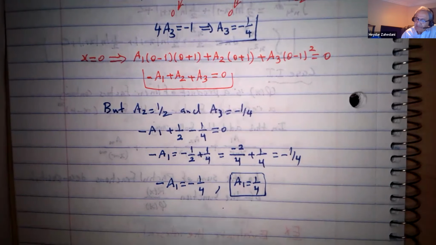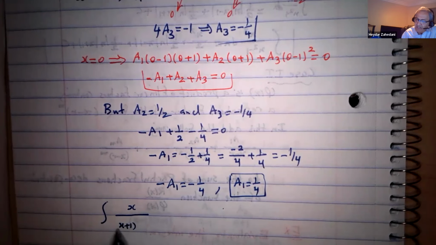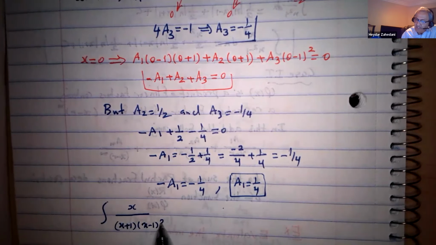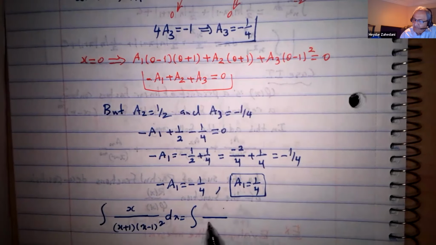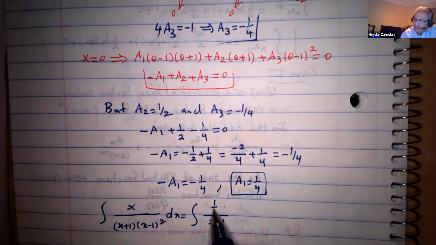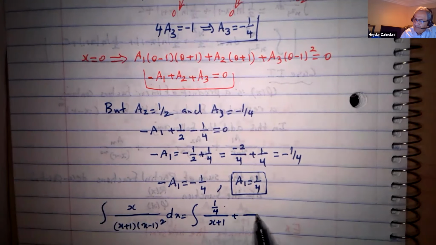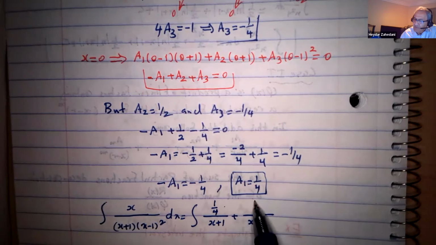Get back to the original. Originally you want to find this integral of x over (x plus 1) times (x minus 1) all squared dx. Remember, we change it to a1 over x plus 1, and the a1 is the quarter. Plus a2 over x minus 1, a2 is 1/2.